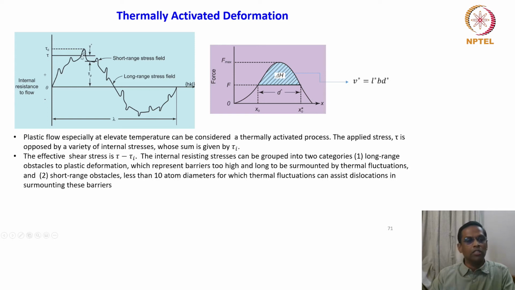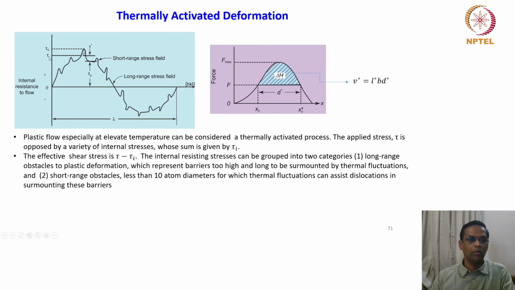For a given temperature, at 0 Kelvin, the tau naught will be 0, because the thermally activated process is not there. So the applied stress will be tau. But even a small increase in the temperature will assist in decreasing the tau.